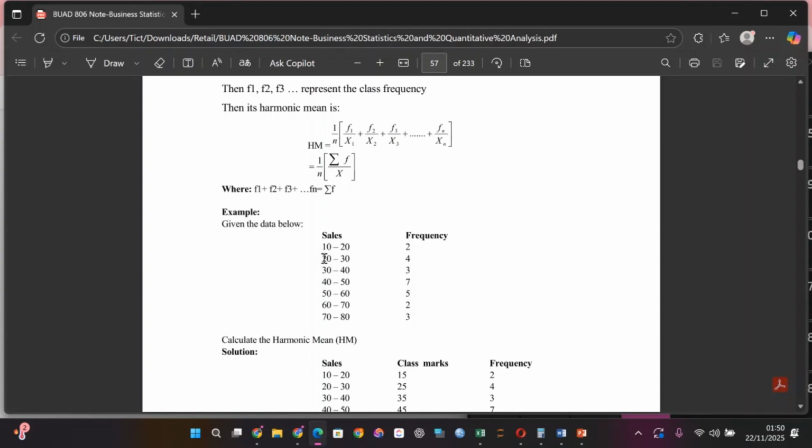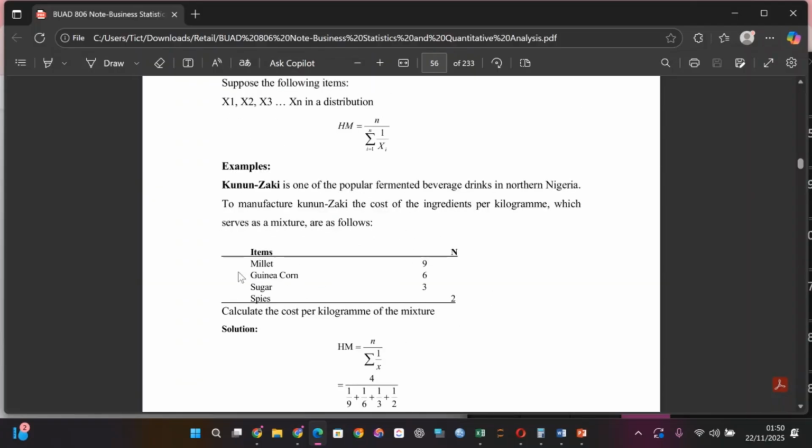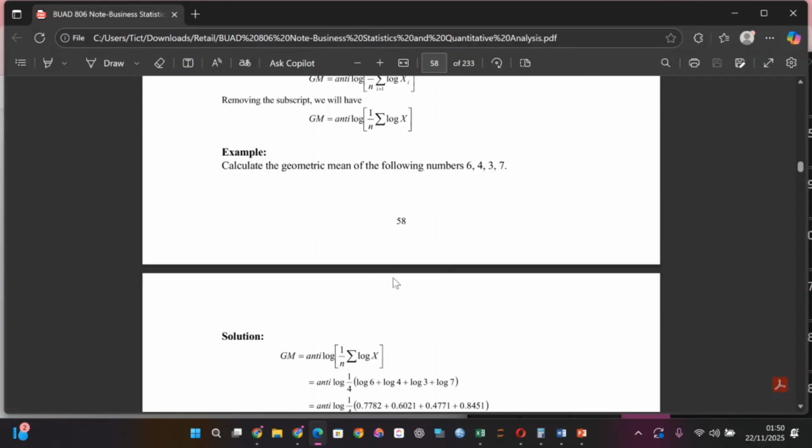It's like cells: 10 to 20 has two, 20 to 30 has four, 30 to 45 has three. So it's grouped data. But this one just lists the data for you straightforwardly: one, two, three, four.